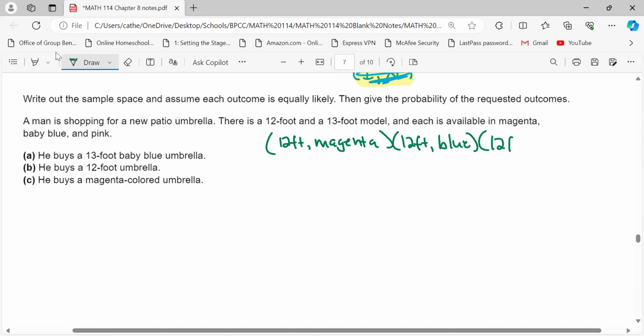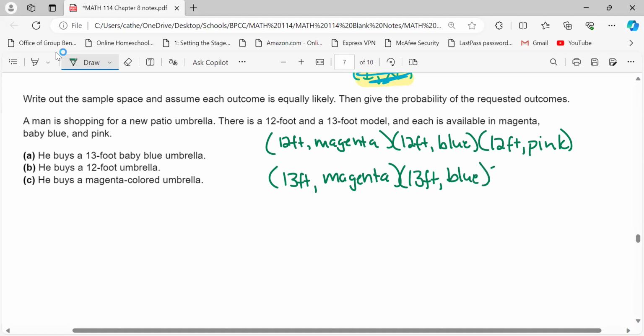It could be 12-foot and it could be pink. Pink and magenta are so close. All right. But they could also have a 13-foot umbrella that is magenta. A 13-foot that is blue. And a 13-foot that is pink. And those will be multiple choice.